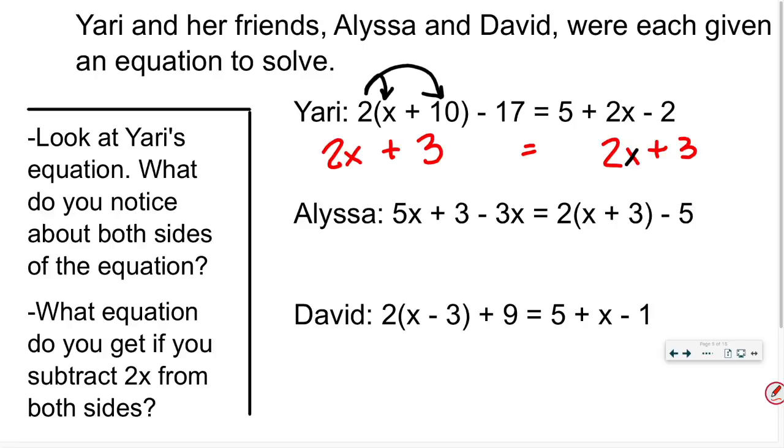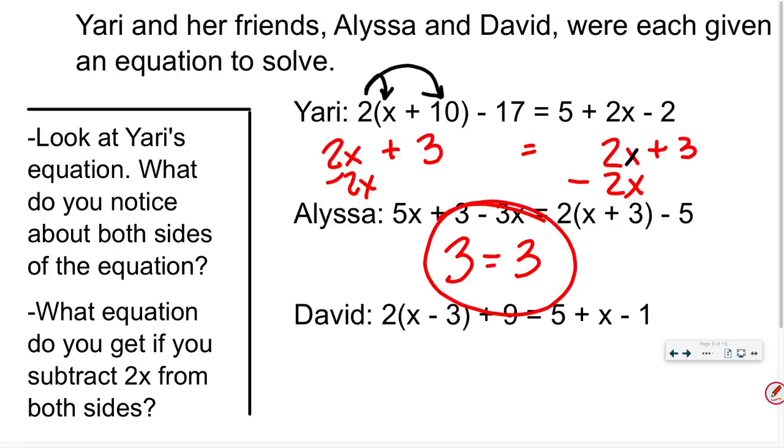If I take away 2x from both sides, what does my equation look like then? Yeah, if I take 2x away, then my equation is 3 equals 3.